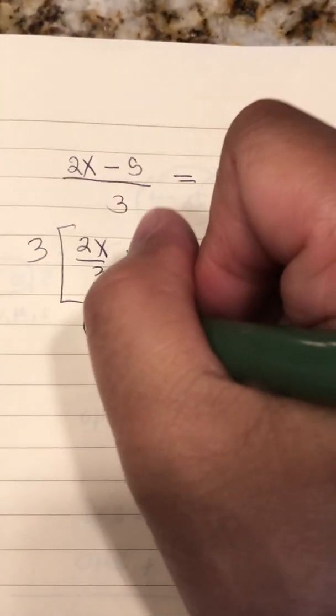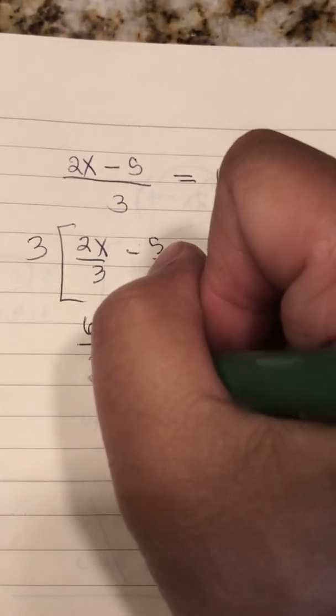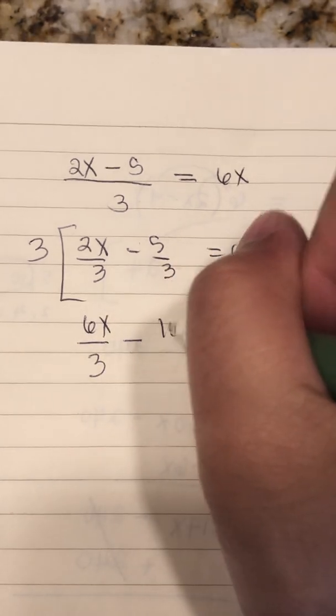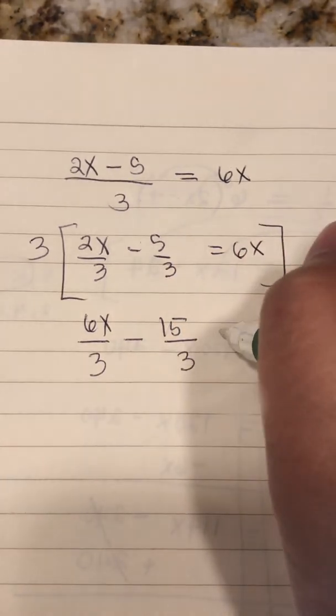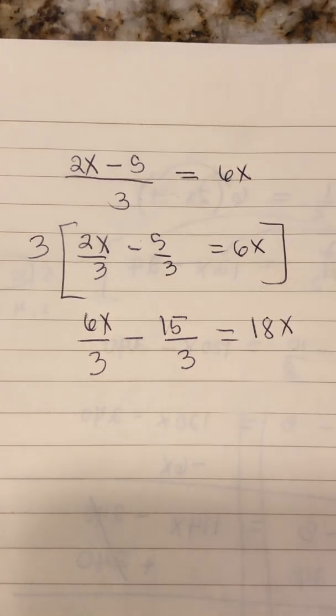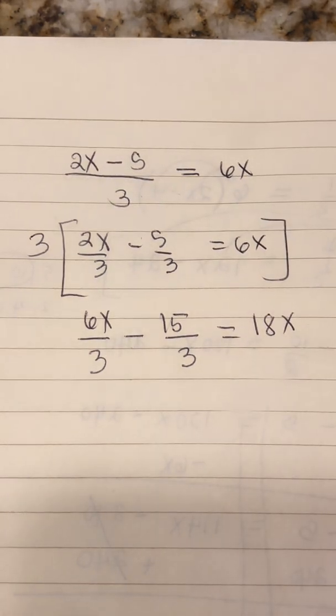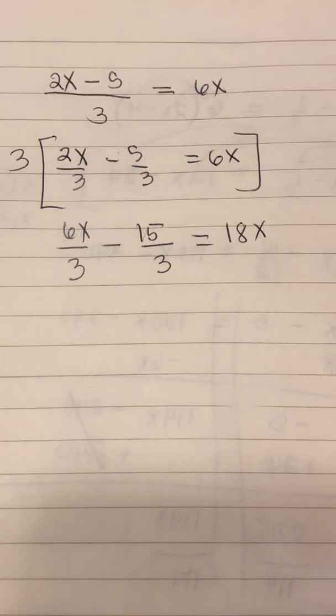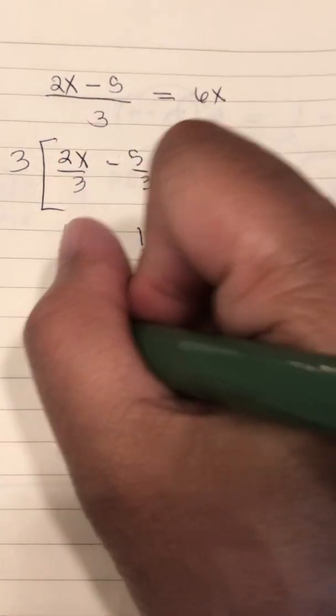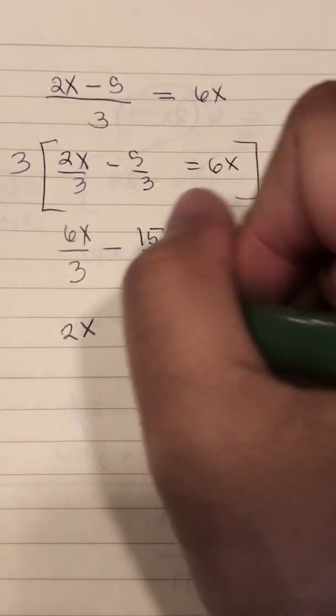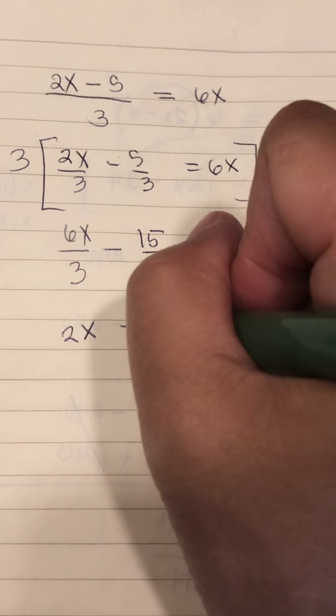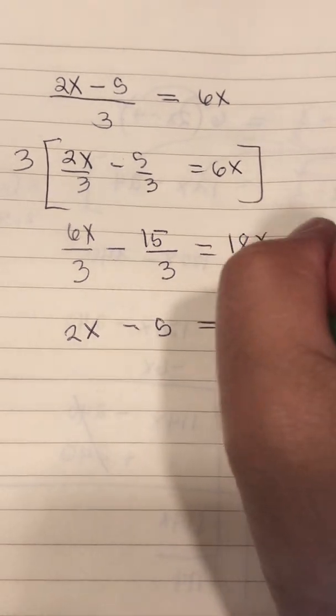So now it's 6x over 3 minus 15 over 3 is equal to 18x. Okay, so now let's simplify our terms. 6 divided by 3 is 2, so 2x minus 5 is equal to 18x.